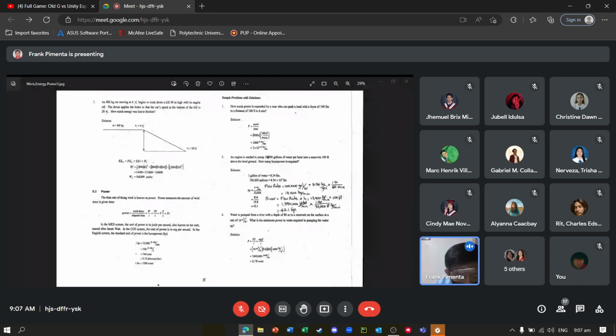Again, I would like to remind the class that we must have uniform notation of the quantities according to the module. Do not use other notation.